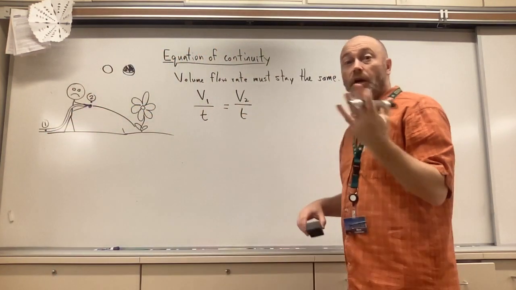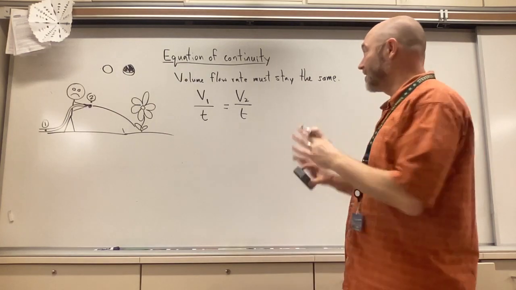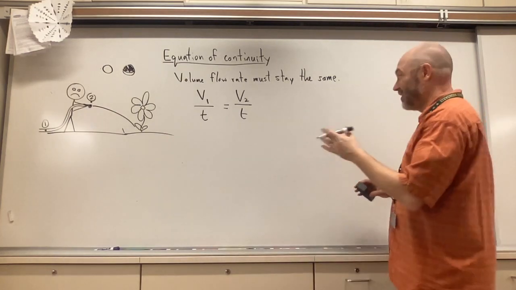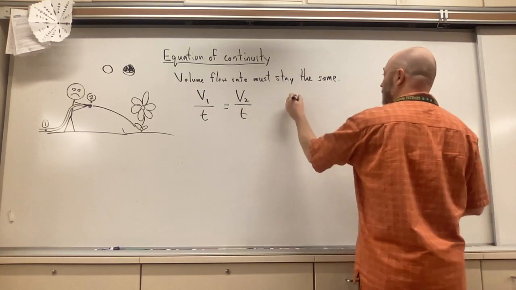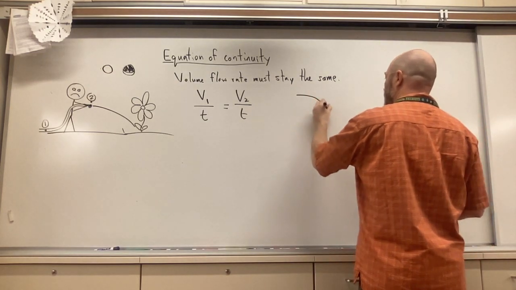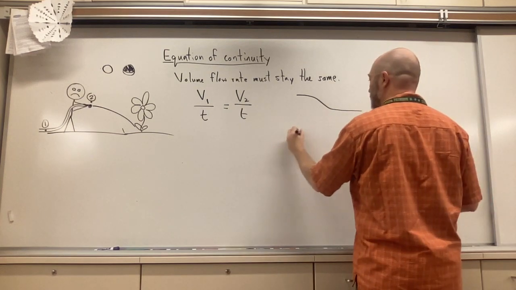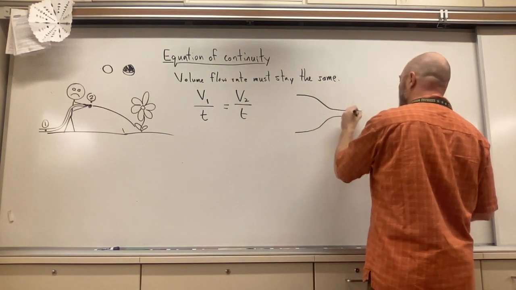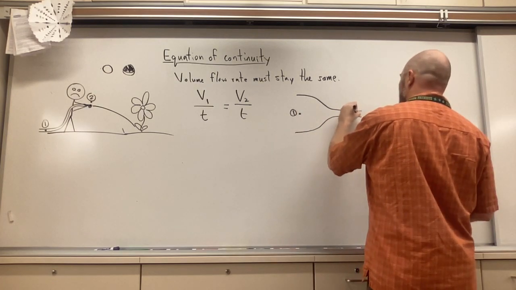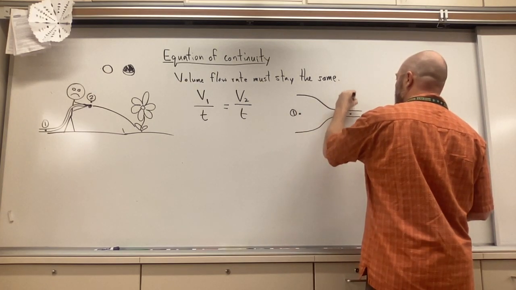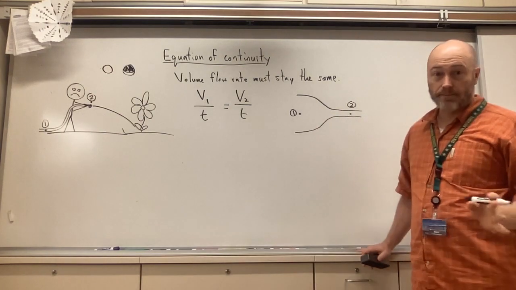Another way of saying this, if I wanted to show this to you a slightly different way, because essentially what we're doing is making the hose have a smaller area. So let's pretend here is spot 1 and over here is spot 2. Does everybody see that okay?